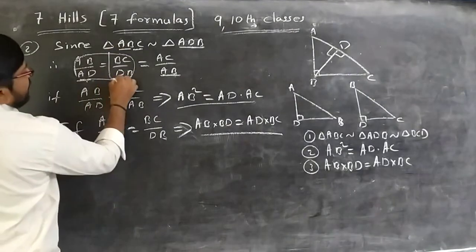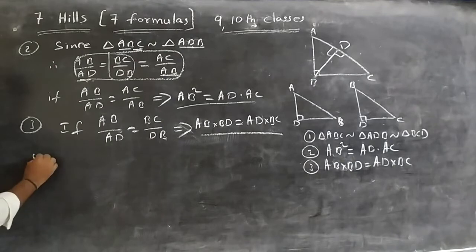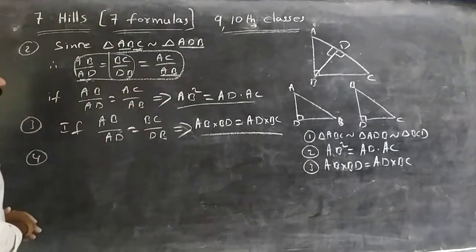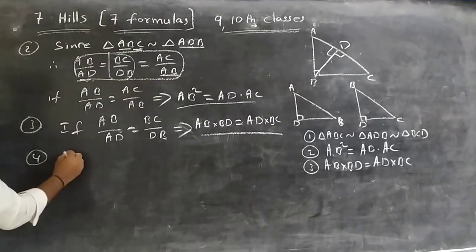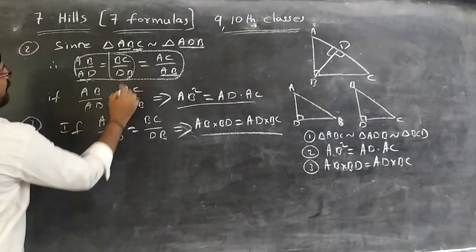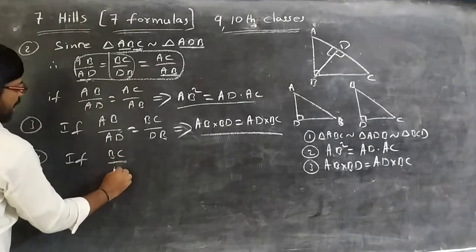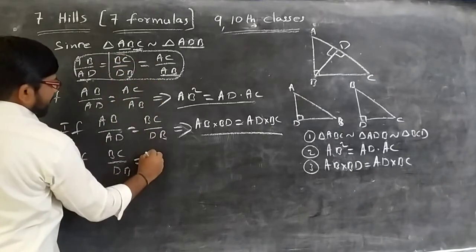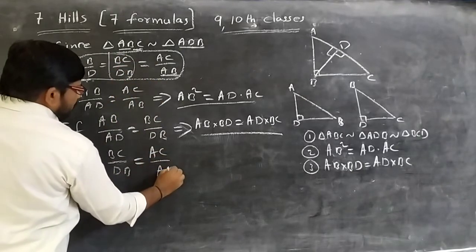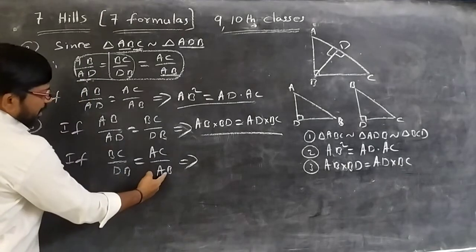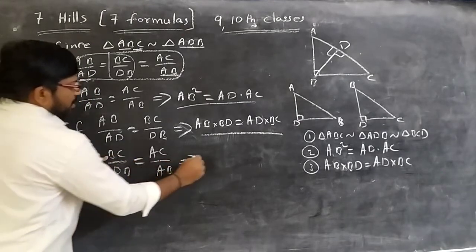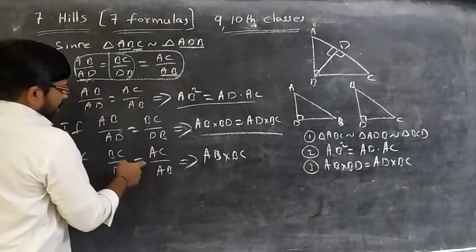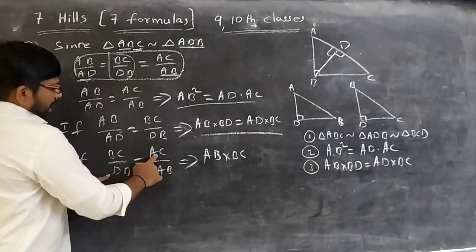Now by taking these two, the fourth one: if BC by DB is equal to AC by AB, that implies, now cross multiply, AB into BC equals AC into BD.